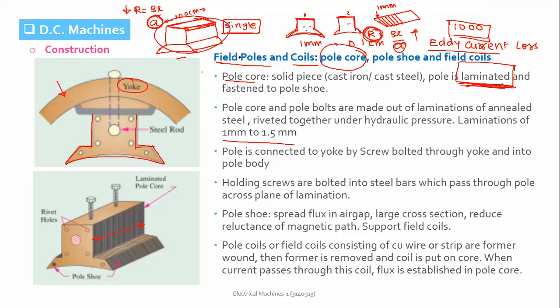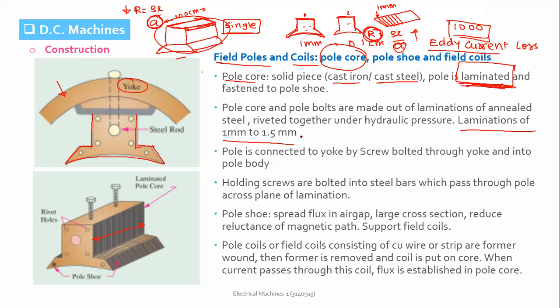Now, do you understand the meaning of laminations? So cast iron or cast steel material of 1 mm to 1.5 mm thickness, and many such laminations, are just stuck together here with proper insulation in between them. It will be more clear when you actually see the machine. You can easily visualize this when you see the machine.